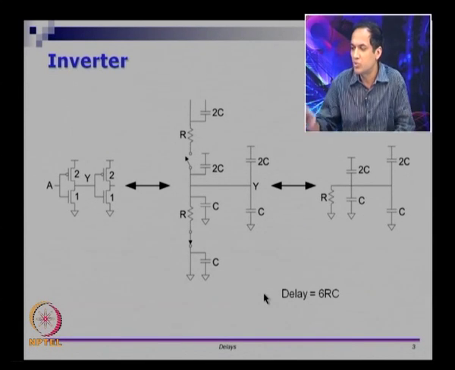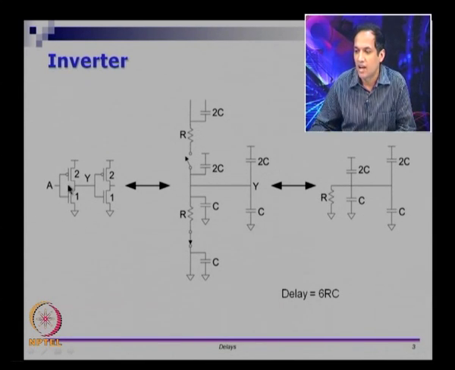So, let me just quickly run you through what I did. I took 2 inverters. From this inverter's perspective, if I look at the delay, this is the equivalent of the PMOS device, and this circuit is the equivalent of the NMOS device, and the capacitance that you are seeing because of the load from here is 2C and C here. Right? If I put A equals 1, then this device is cut off, however, this device is on.